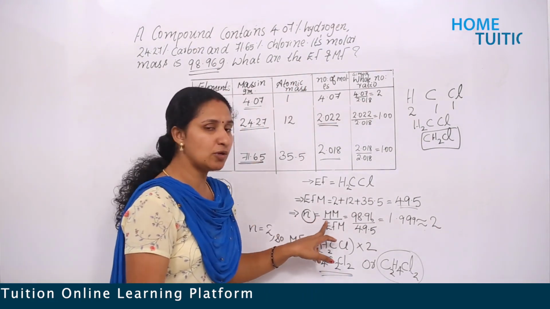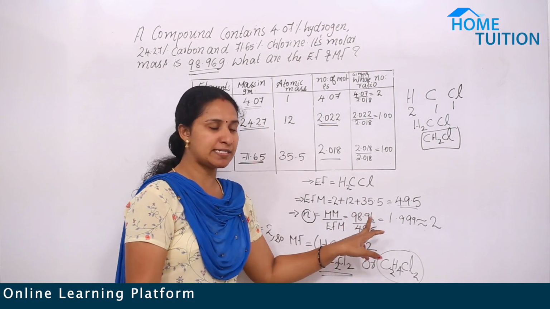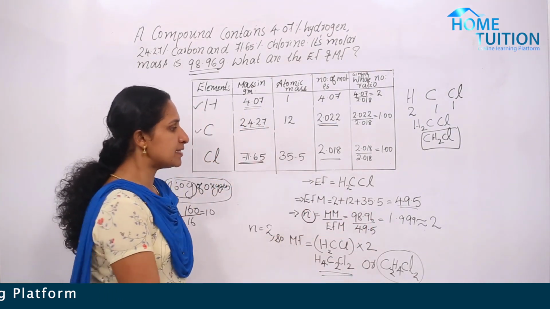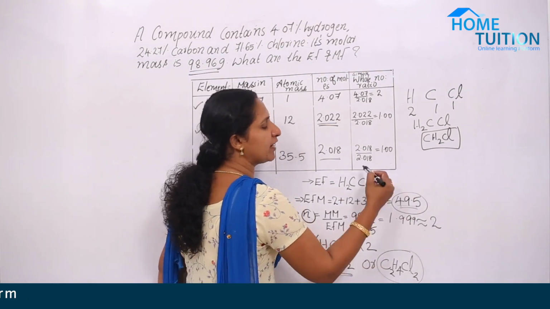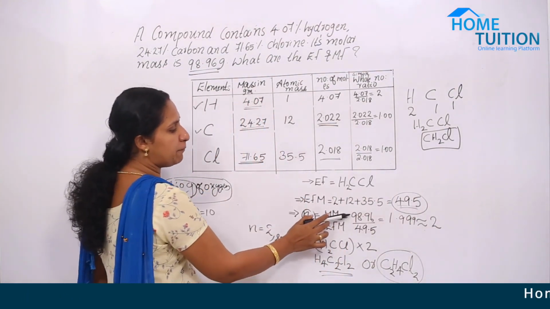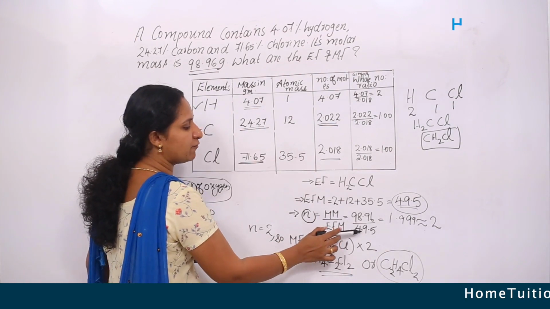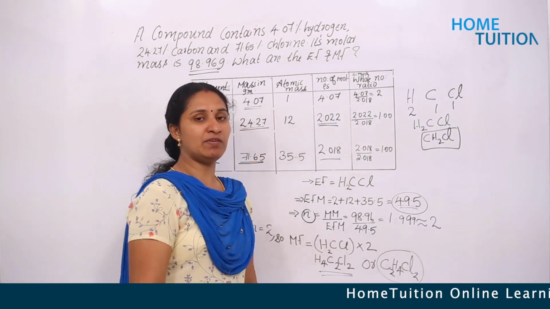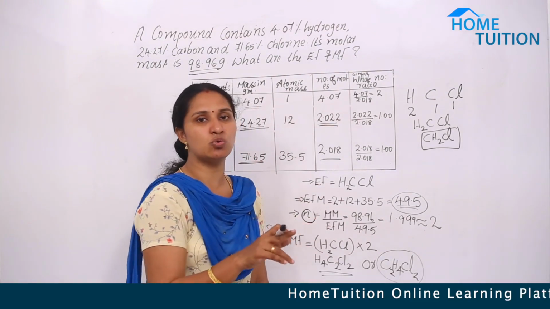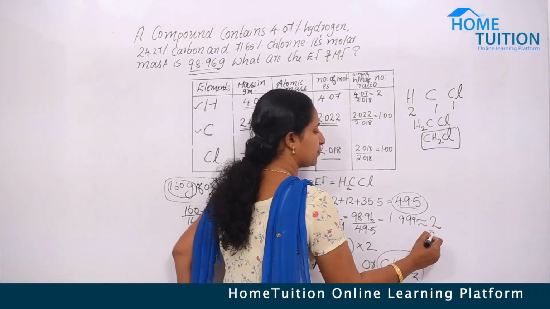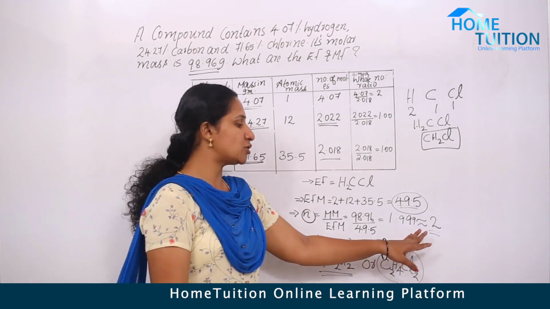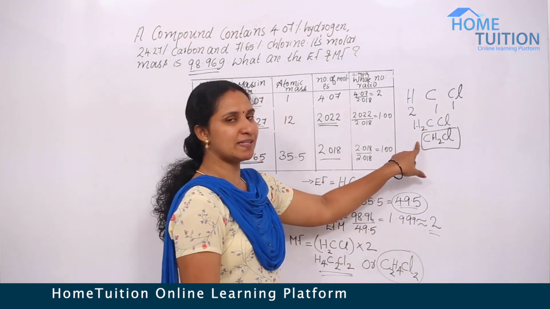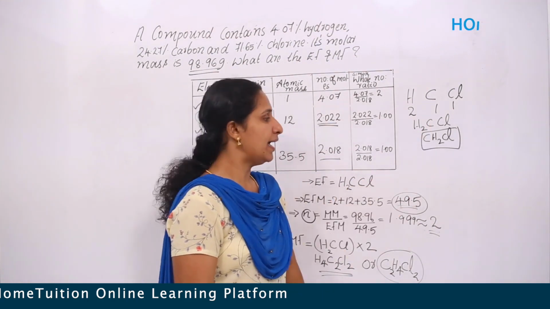So 98.96 divided by 49.5, we get 1.99, and we round off and take it as 2. This is N. Then multiply this 2 with the empirical formula, and we get what?